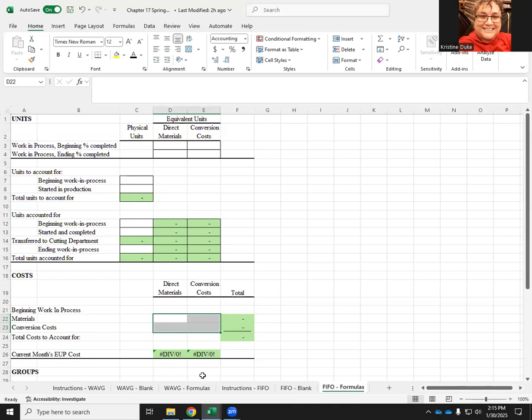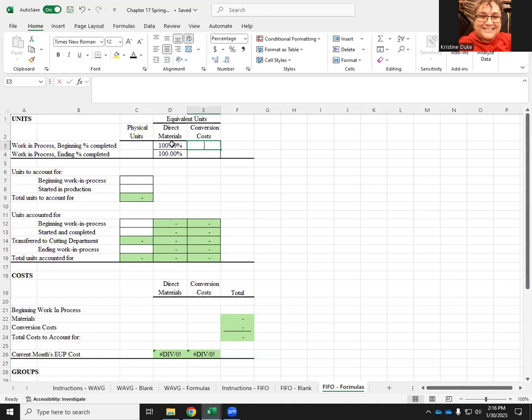According to our instructions, and I need to go to the right page, I printed it out for myself so I can look at it. We had 2,300 units. This is 100%. Work in process ending is always 100% when we're doing FIFO, first in, first out.